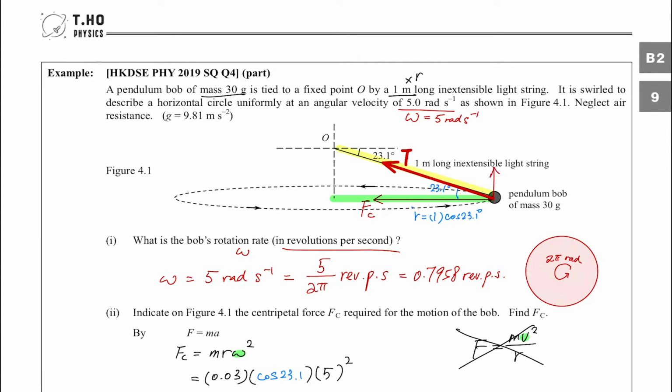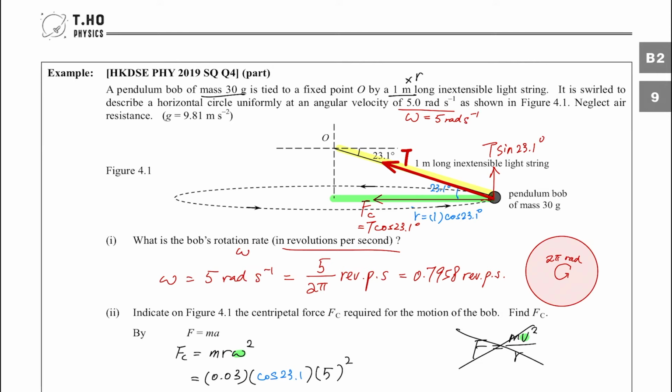And if we try to resolve the tension into its vertical component, we have T sine 23.1 degree, and also resolve it horizontally. The centripetal force is actually given by T cosine 23.1 degree. So, in other words, the centripetal force is provided by part of the tension.